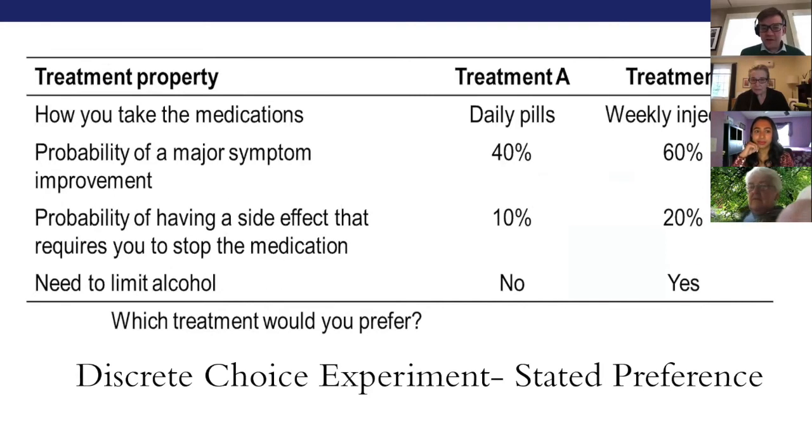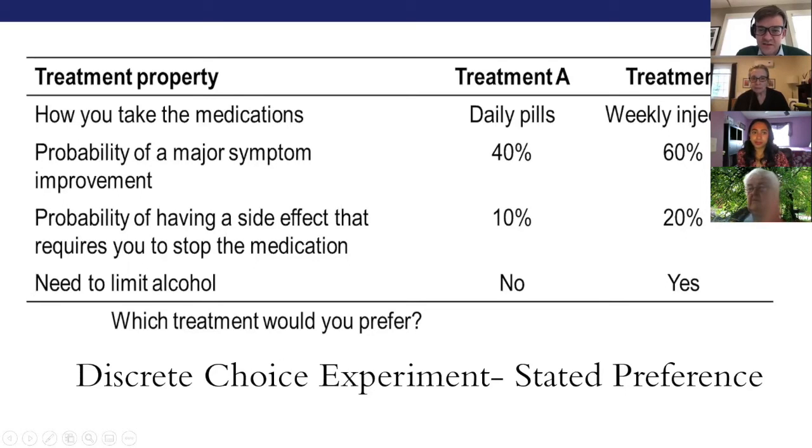Okay, again. So this is an example of a discrete choice experiment, which is a type of stated preference. In these, you're essentially presenting different options to people, and you're asking them to choose which option they would prefer. There'll be some sort of scenario you would give to people. So this would be a patient with rheumatoid arthritis whose disease is active, and you're trying to choose between treatment A or treatment B. Treatment B has a higher chance of improvement.